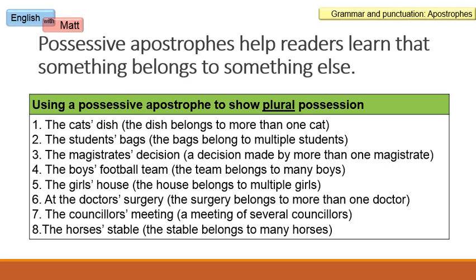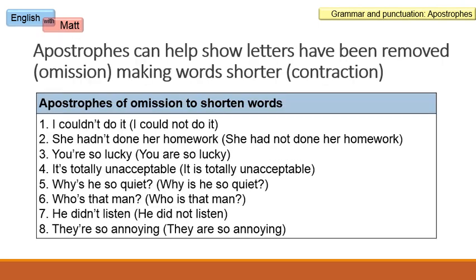In terms of omission, which is the second job that apostrophes have, this is slightly simpler. It shows us that a word or a letter has been taken out, mainly a letter. So "I couldn't do it" obviously means "I could not do it." So the apostrophe there in "couldn't" replaces the O. "She hadn't," meaning she had not. "You're," meaning you are, and so on.